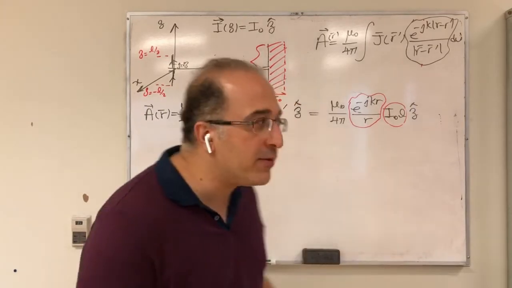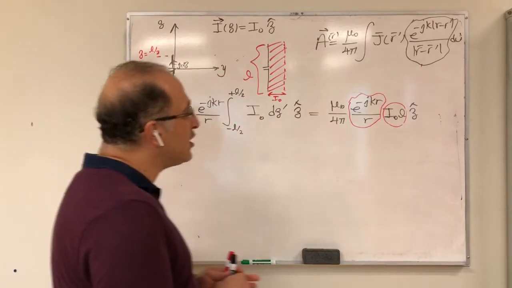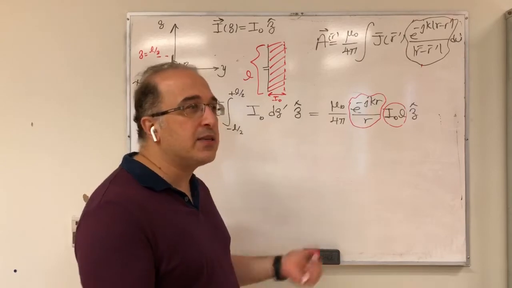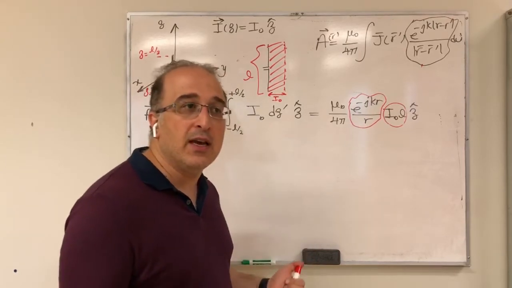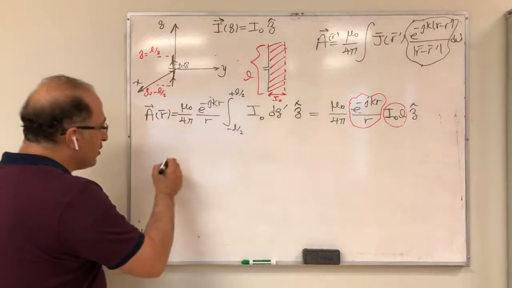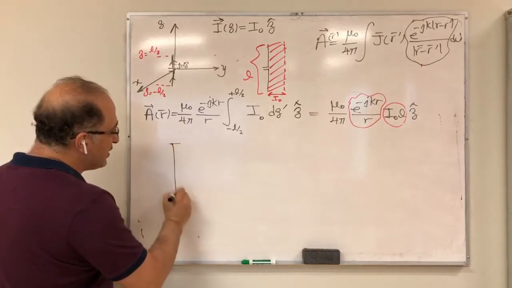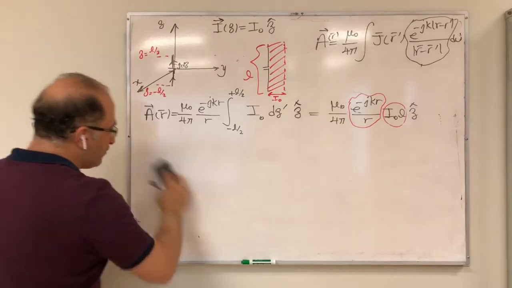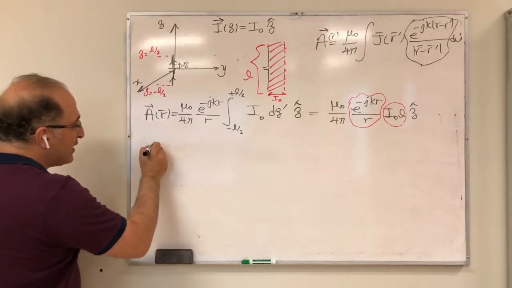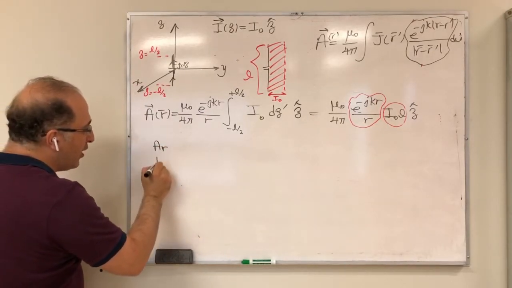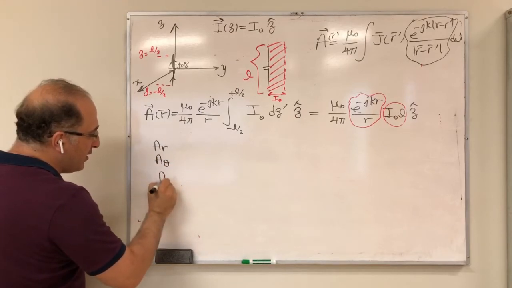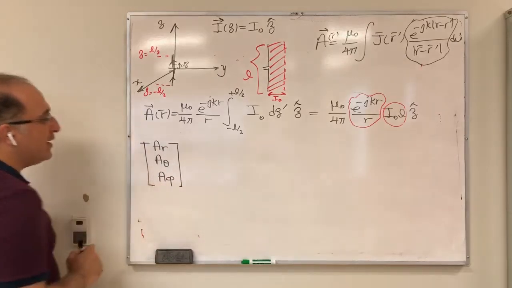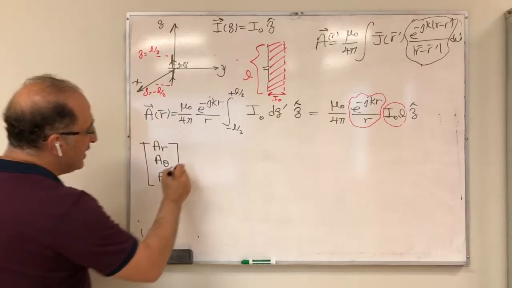Now, how do you convert a Cartesian coordinate to a spherical coordinate? We have a formula for that, and this is a formula that you will be using in this course. Let me write the formula. So let's assume that on one side I have my spherical coordinate. A spherical coordinate has three components: A_r, A_theta, and A_phi. These are the three components of A in the spherical coordinate.